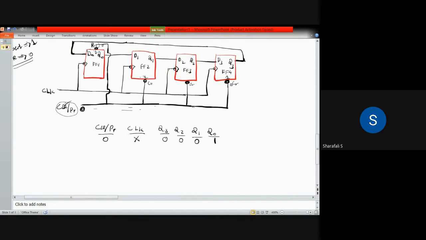So when preset is active, your Q0 will be assigned a value equal to 1. Initially, when this clear or preset line is equal to 0, irrespective of your clock pulse, your memory will be changed to 0001.